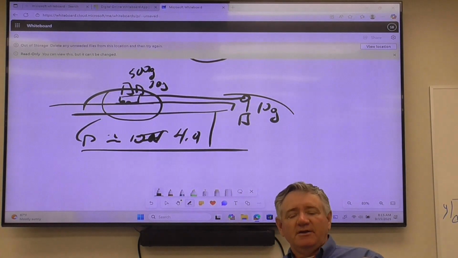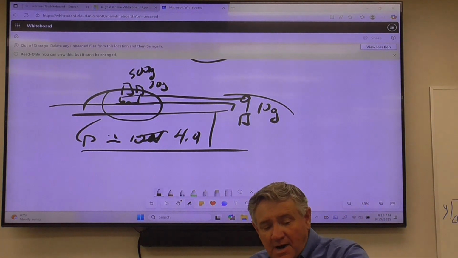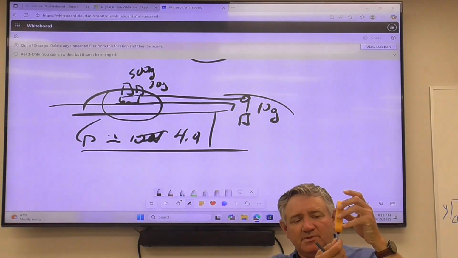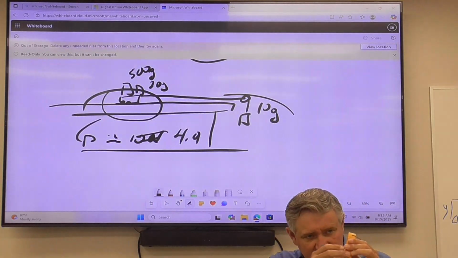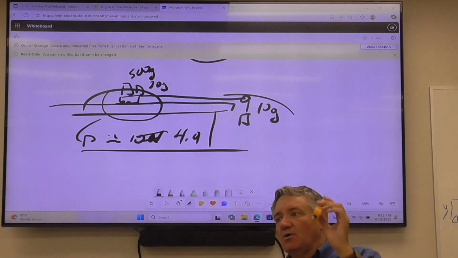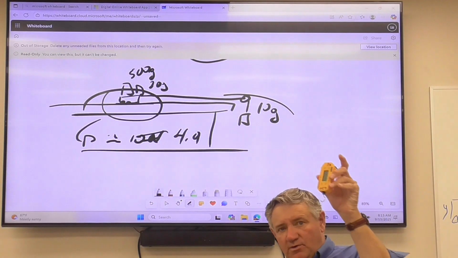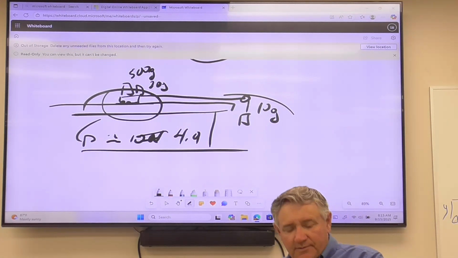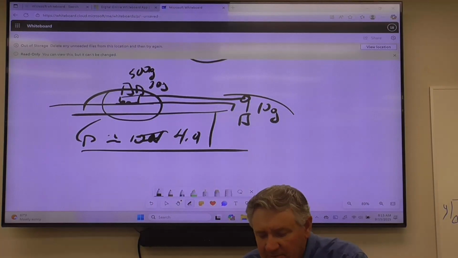Okay? If you don't get that number, probably what's happening is that the frame of the cart is catching on the scale itself. So when you hang that up, make sure that you are only holding up the weight of the cart. So you're going to measure the weight of the cart, determine the mass.